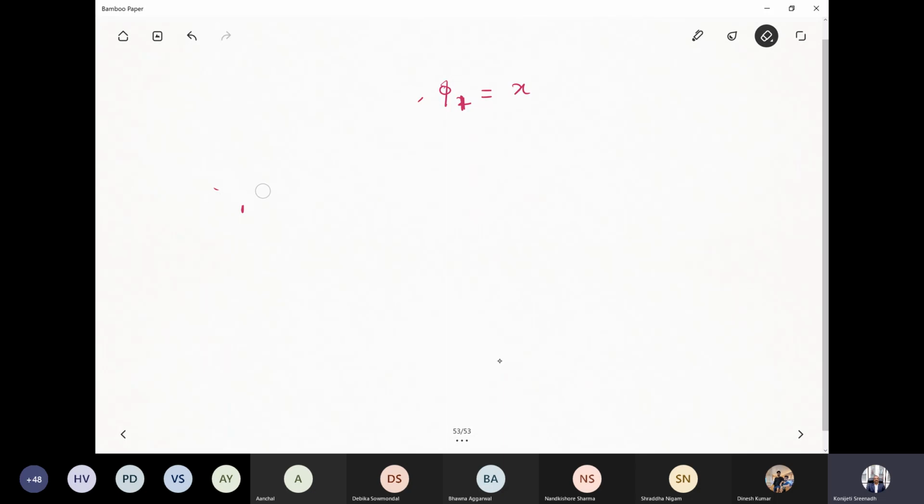I'm writing all wrong. So the Legendre polynomial of order 0, that is phi naught. I'm already using phi 1 and phi 2 for something else. So when I take p equals 0, one of the solutions is simply this, which you can see from the coefficients.